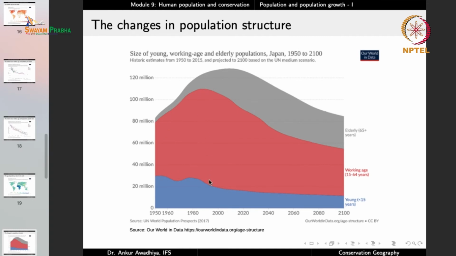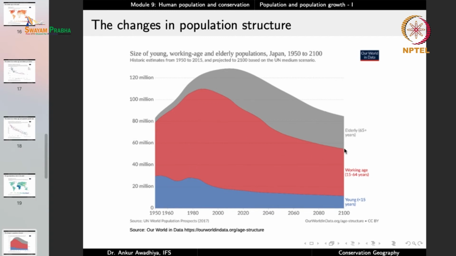But the working age population increased with time. So in the 1980s, it was as high as around 90 million. So we have 110 million minus around 20 million. So it is roughly 90 million people who were in the working age group. So it had roughly doubled.